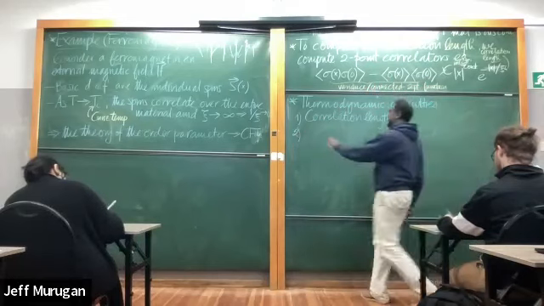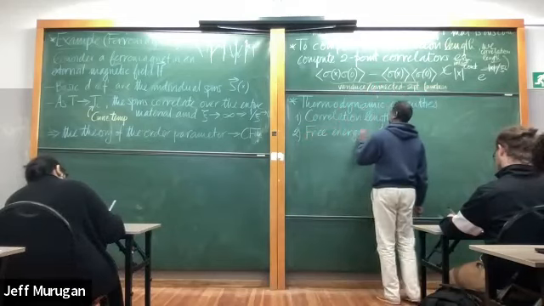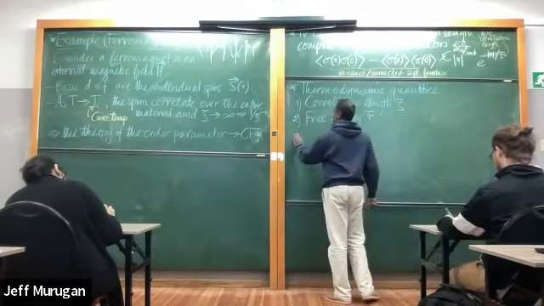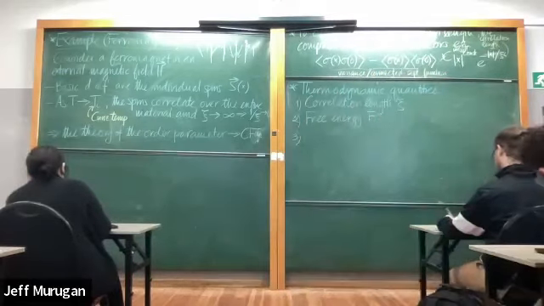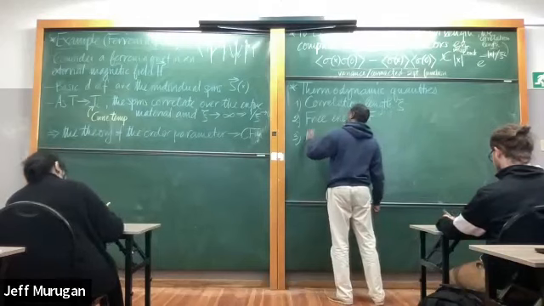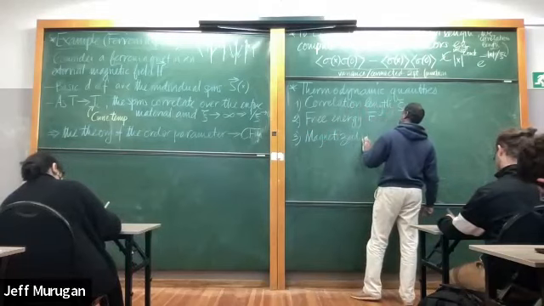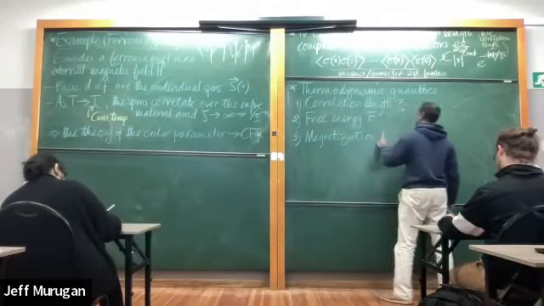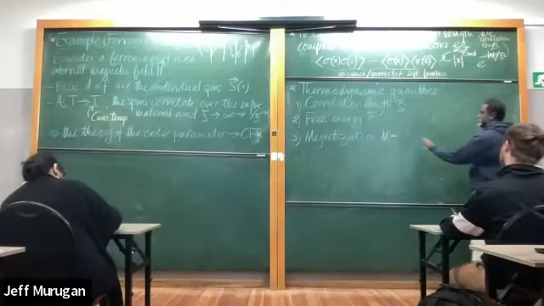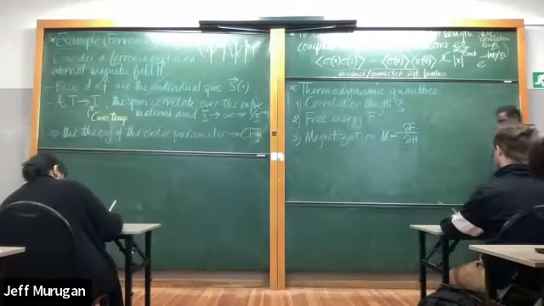The other one is the free energy, which we wrote down above. Then there are quantities that are derived from the free energy, like the magnetization of the material. The magnetization is just the derivative, the rate of change of free energy with respect to the external magnetic field.